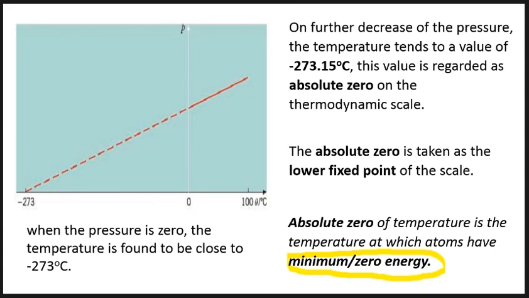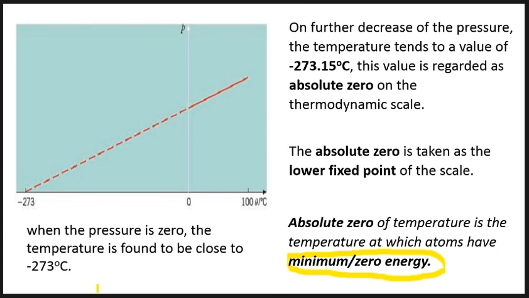Alright, so knowing full well that absolute zero is the lower fixed point of the thermodynamic scale, what is going to be the upper fixed point of this same scale?